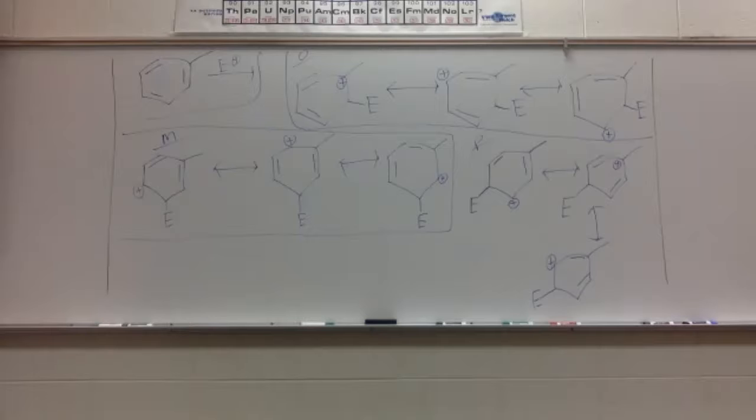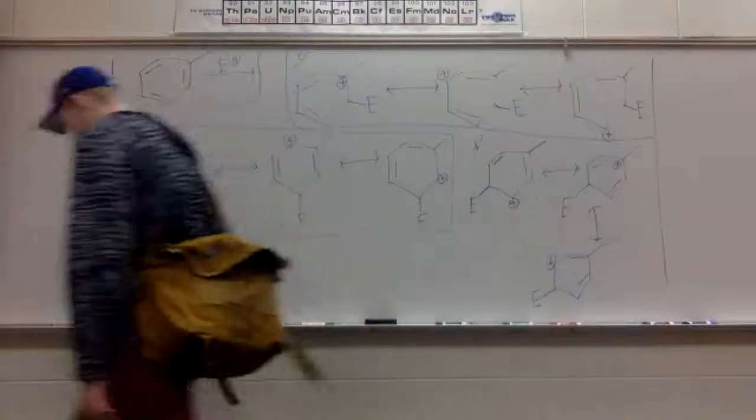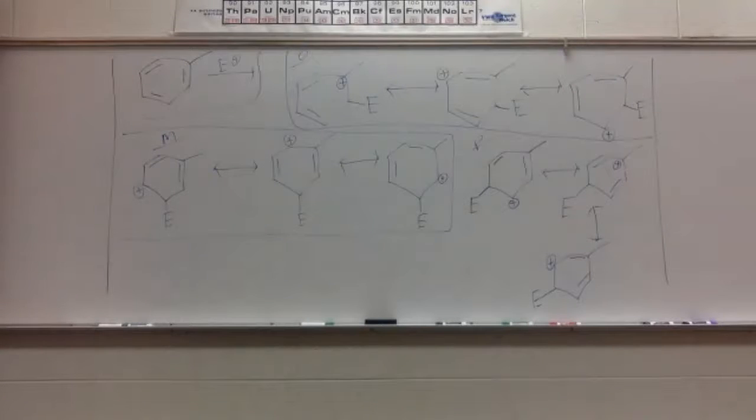Going twice. All right, let me give you a hint. Take a look at the types of carbocations that are formed in each of these structures. Do you see any that might be better than others? Why meta?